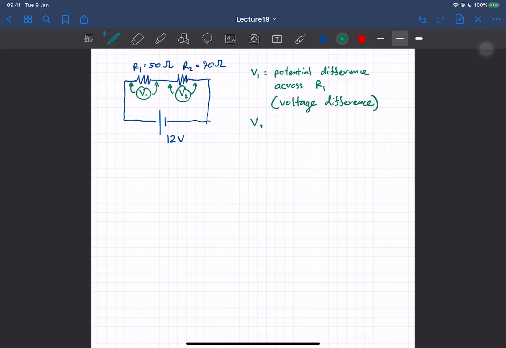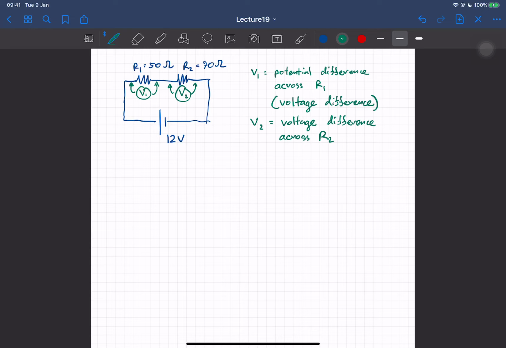And same for V2. So V2 is the voltage difference across R2. Okay, so that's V1 and V2.